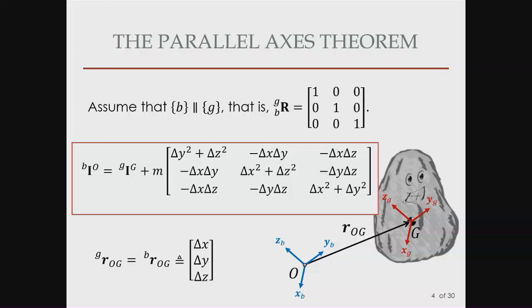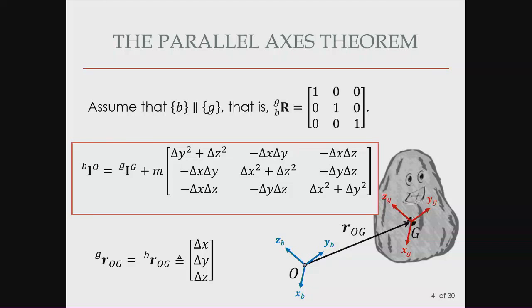You place all of the components of this vector ROG in F, define them as some delta x, delta y, delta z, and spread them according to this formula here. All right? So that is what to do.